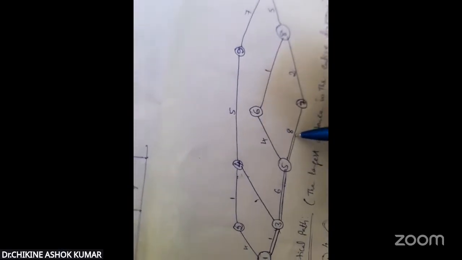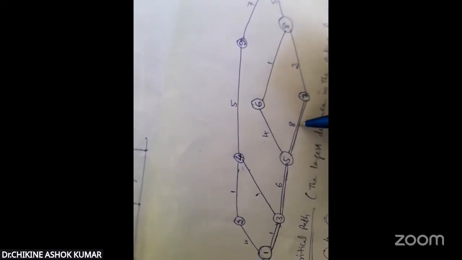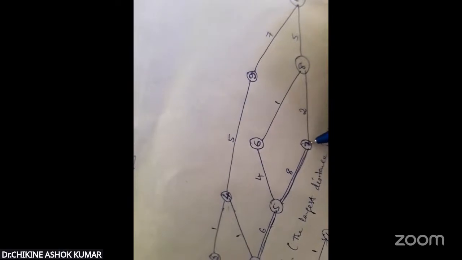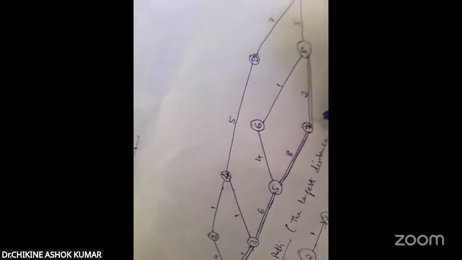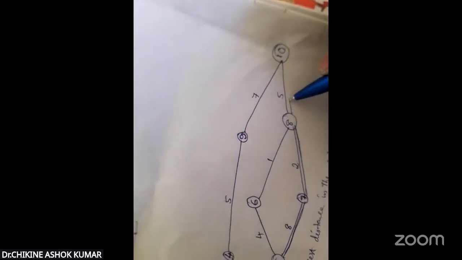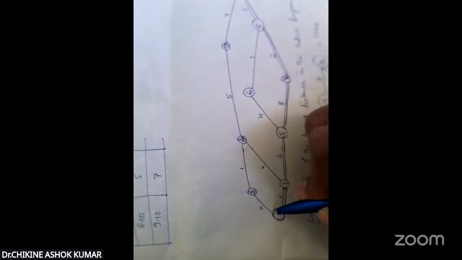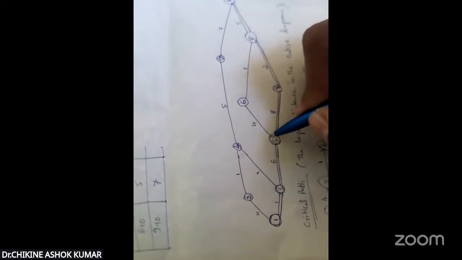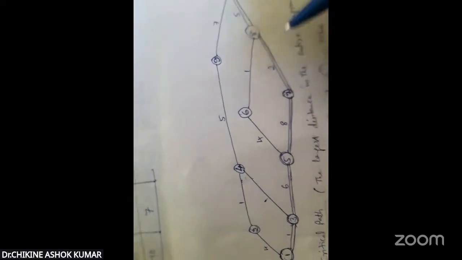Next 7 to 8. Next 8 to 10. This is the longest path. Indicate this path with a double arrow mark, which means this is the required critical path.